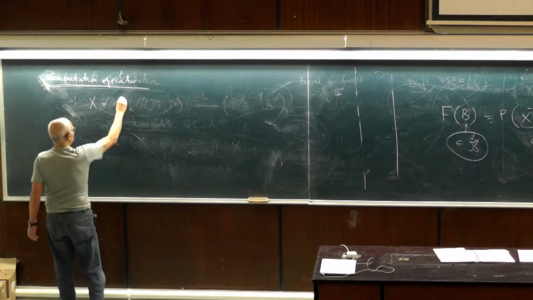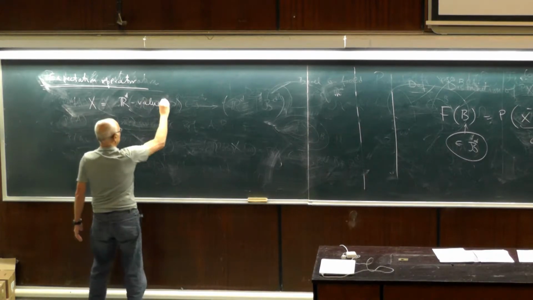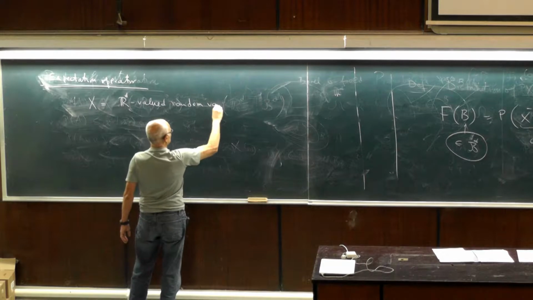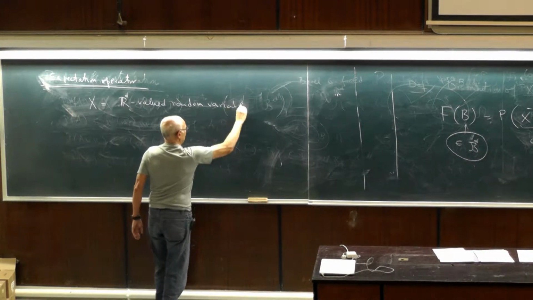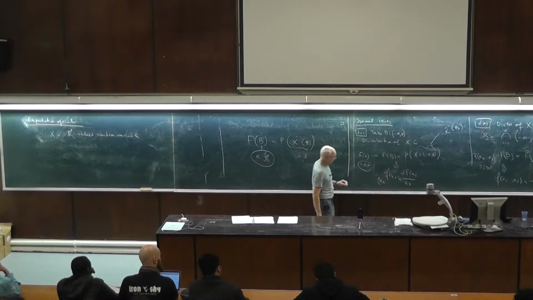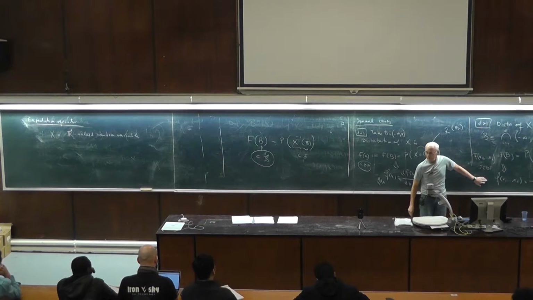So you can refer to it as an R^d valued random variable. And as we discussed, this random element is completely described by either a joint CDF or joint PDF.